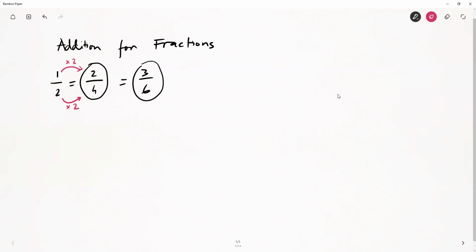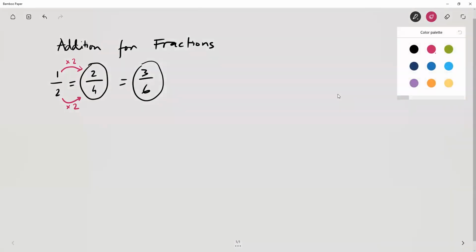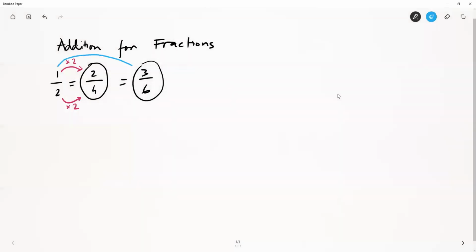So in this case, we got the same value of a fraction. And when we go from 1 on 2 to 3 on 6, we multiplied the numerator by 3, and we multiplied this by 3 also, so we get 3 on 6, and so on. That's a very good thing to ask them, how did they get the same value of a fraction.